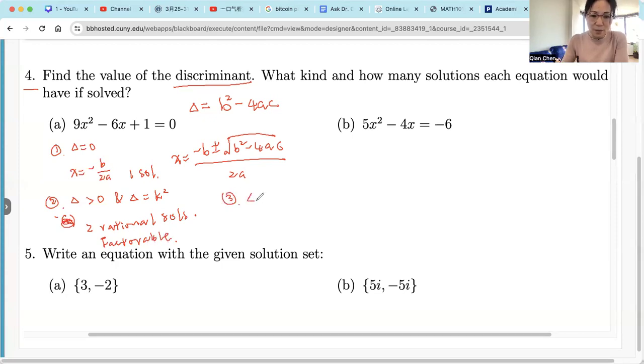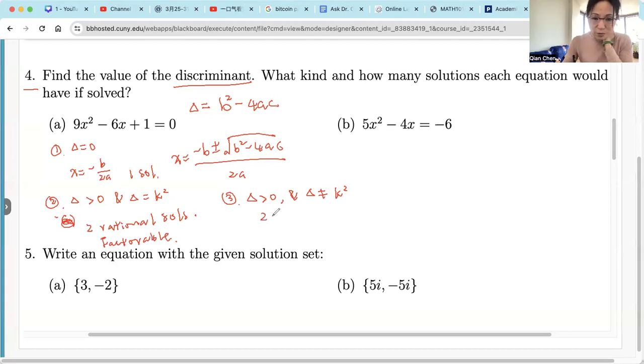Third case is the discriminant is positive, but the discriminant cannot be written as some number squared, like the ones we just did, like square root of 13, right? Square root 13 is different from square root of 16. Square root 16, square root 4, those are perfect squares, but square root 13 is not.